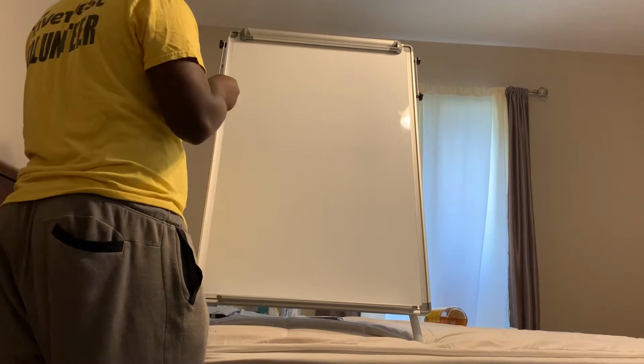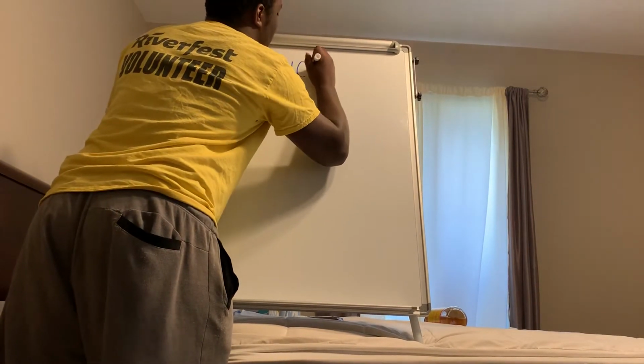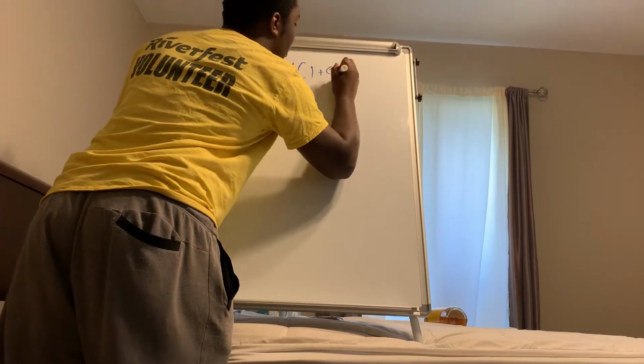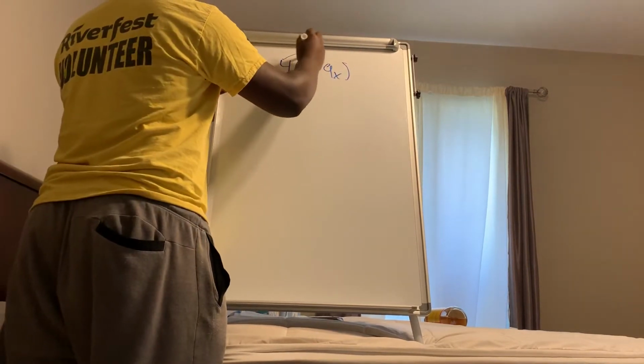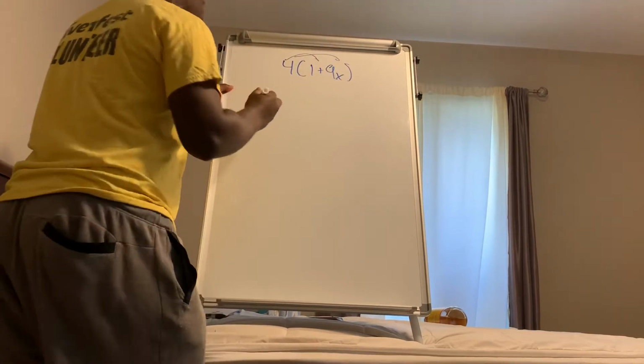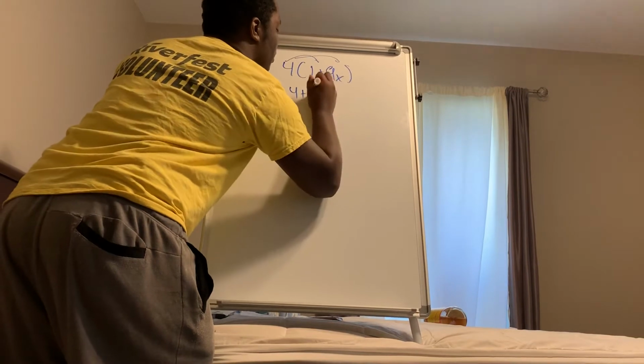The next question is 4, and then in parentheses, 1 plus 9x. Same thing. Distribute to both. So you have 4 plus 36x.